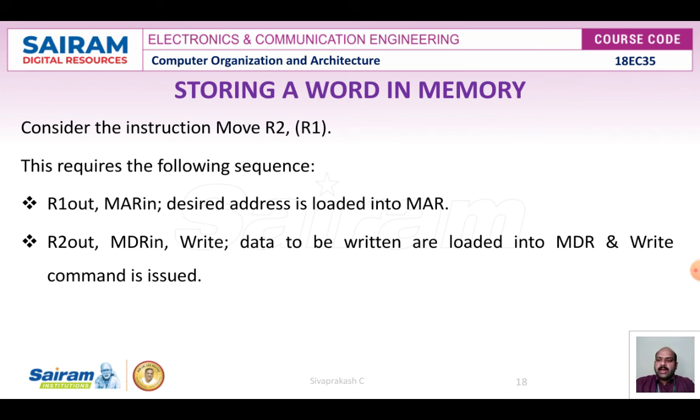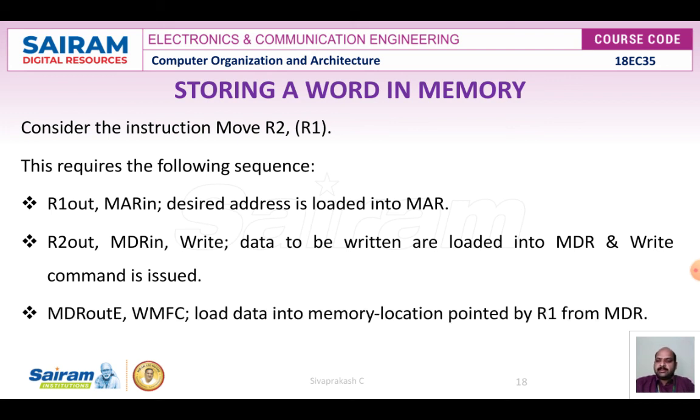Next, R2 out, MDR in, write, where the data to be written is loaded into the memory data register, and later the write command is issued. Third, MDR out E, WMFC, which loads the data from the memory data register into the memory location pointed to by the register R1.